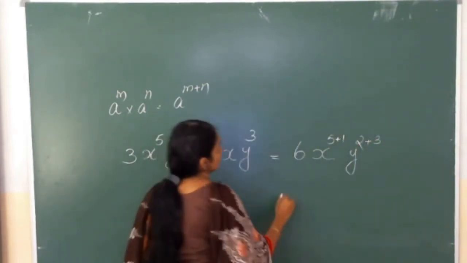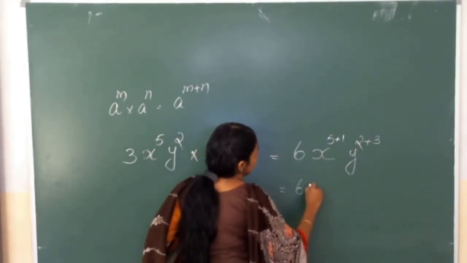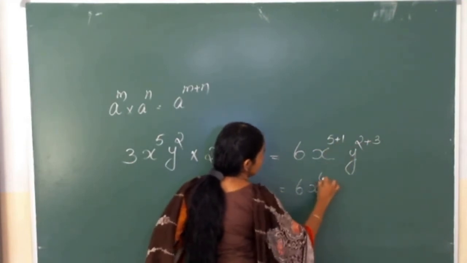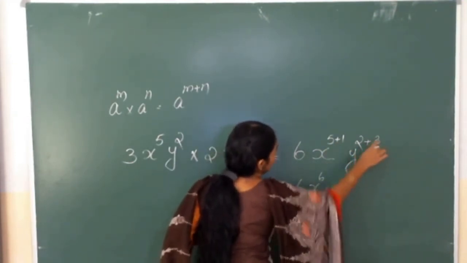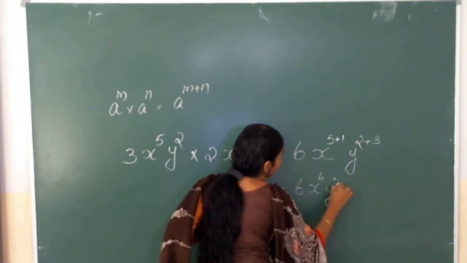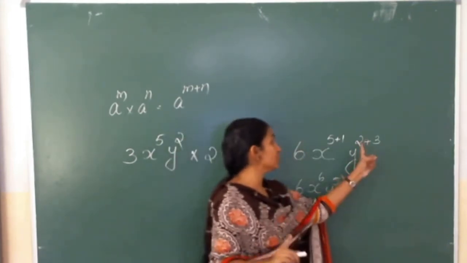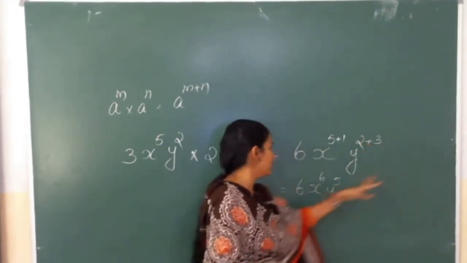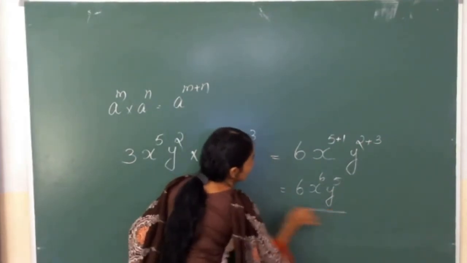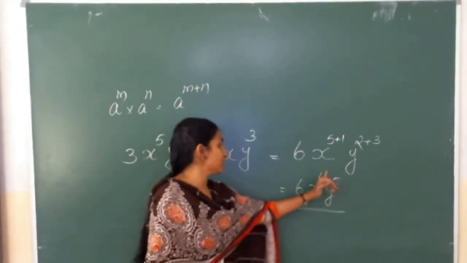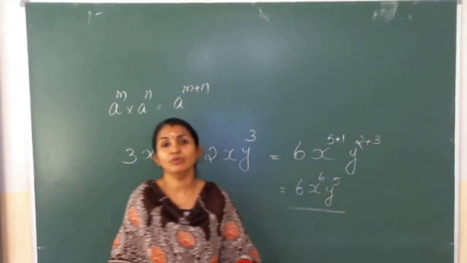Don't think that it is 2 into 3, it is 2 plus 3 only. So our answer is 6 x raised to 6 y raised to 5.